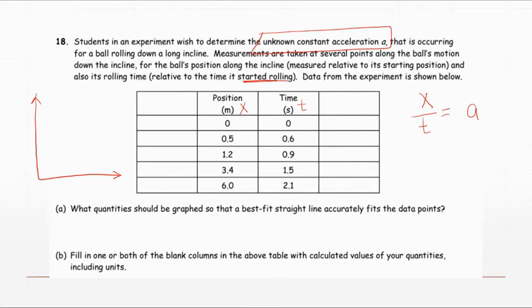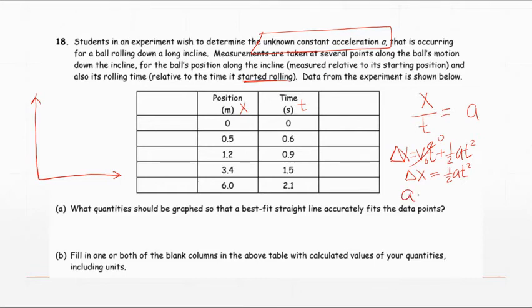Okay. And so I'm going to look at my kinematic equations, and a kinematic equation that I can use is change in x is v initial t plus 1/2 a t squared. My v initial is 0. So I have change in x equals 1/2 a t squared. And I now want to get acceleration by itself.